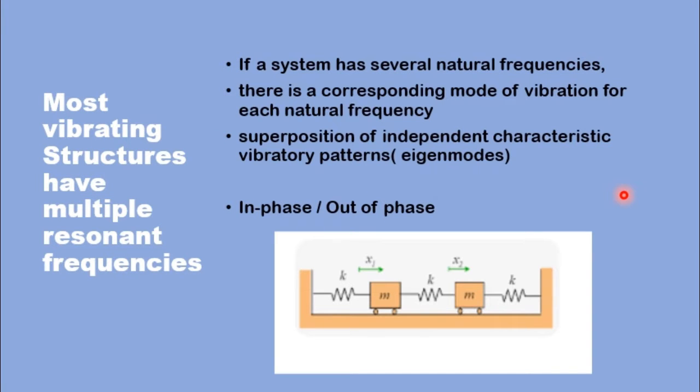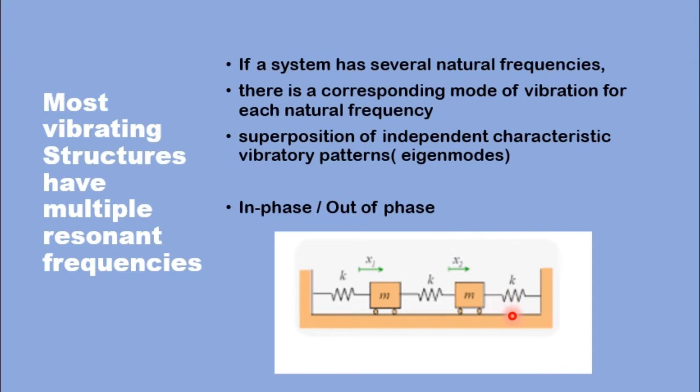In a complex structure or system with different parts or segments with different eigenfrequencies and different eigenmodes of vibration, if this structure is set to vibration, the different segments would vibrate preferentially at their eigenfrequencies. Some of these segments would vibrate in phase with each other, and some would vibrate out of phase.